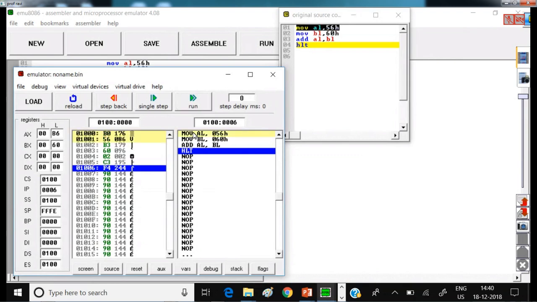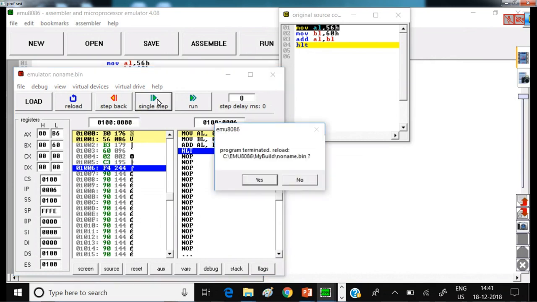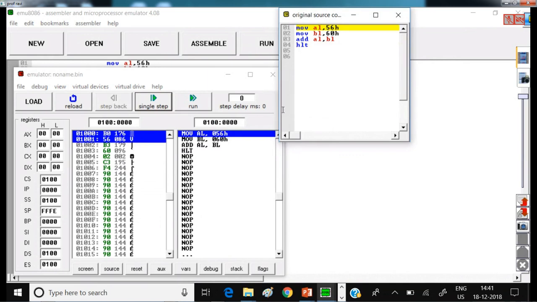Now let us see what exactly is happening here. You have your program here, MOV AL, 56. When you go into single step debugging, it starts from the first instruction.